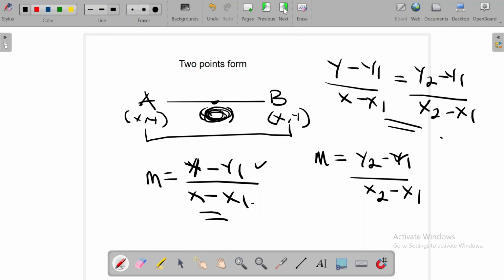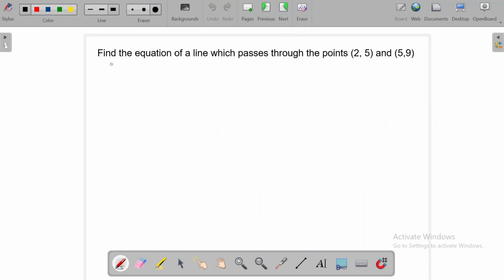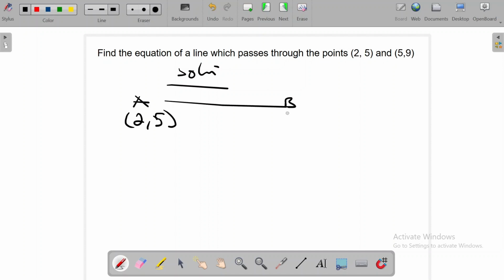So if I look at an example, find the equation of a line which passes through the points (2, 5) and (5, 9). Let's call point A (2, 5) and point B (5, 9).